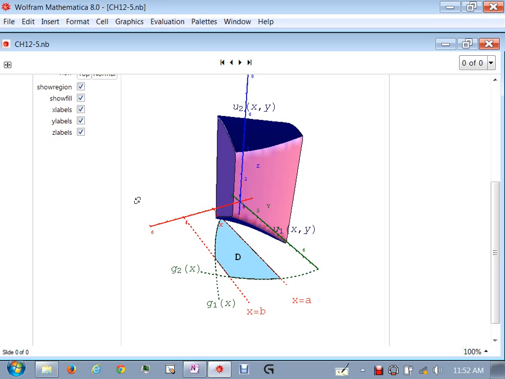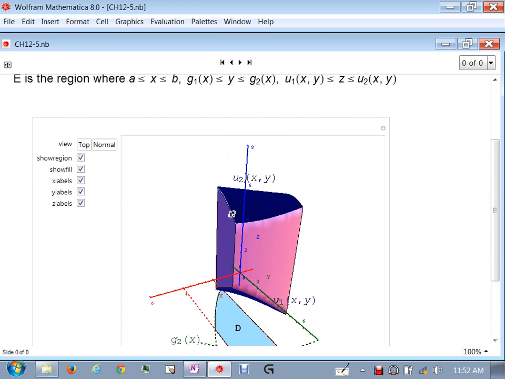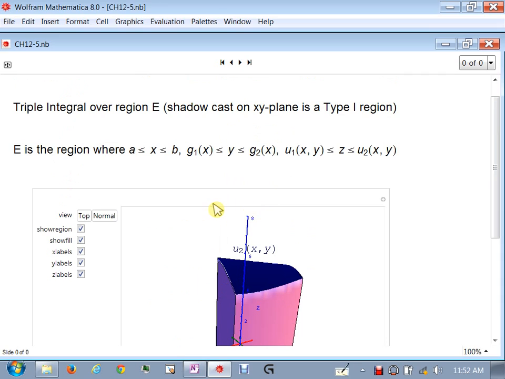We get all these different types, but the bigger picture is that they're calling it type 1 in the book. Our x's are between two constants, our y's are between two functions of x, our z's are between two functions of x and y.